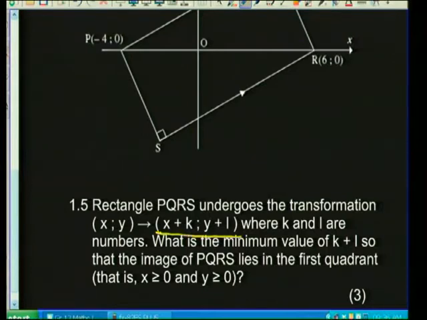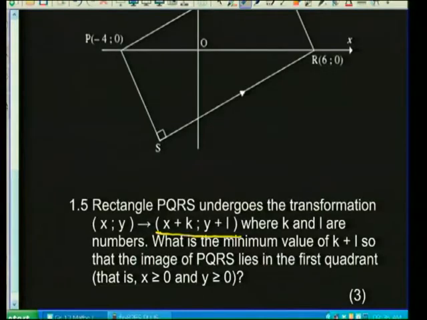Now, for those of you at home, this should not be unfamiliar, because during my solution, I've come across a translation. That is a translation. Remember, translation just takes a point and moves it somewhere to another point on the Cartesian plane. It doesn't rotate, reflect, or do anything else to it, but it just merely moves it. And so what we're saying is we're moving this rectangle in a certain way according to a rule, where I'm moving the x of every point, and I'm moving the y's. So let's understand a little bit more.